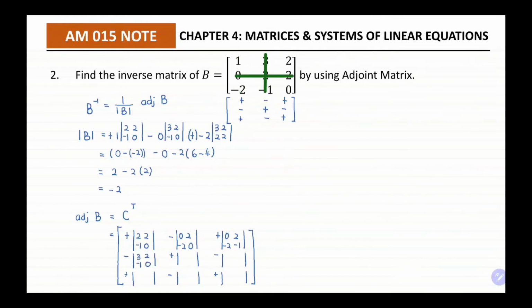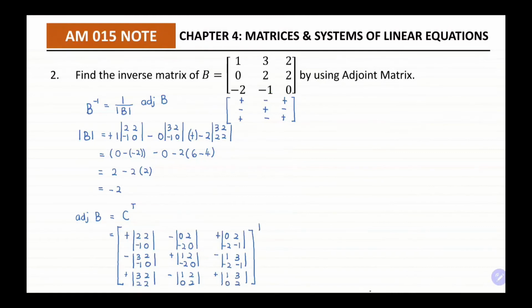We close number 2, 1, 2, negative 2, 0. We close number 2, then we get 1, 3, negative 2, negative 1. And last row, we close number negative 2, 3, 2, 2, 2. We close number negative 1, 1, 2, 0, 2. And last number 0, we close 1, 3, 0, 2.